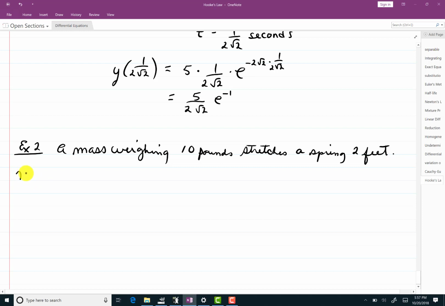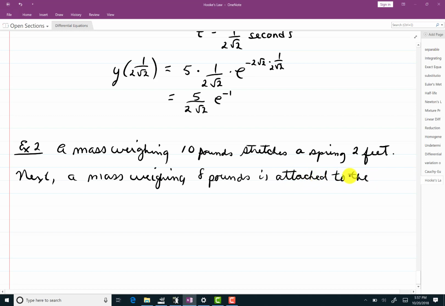Next we have a mass weighing 8 pounds is attached to the spring and immersed in a medium where beta is equal to 1.